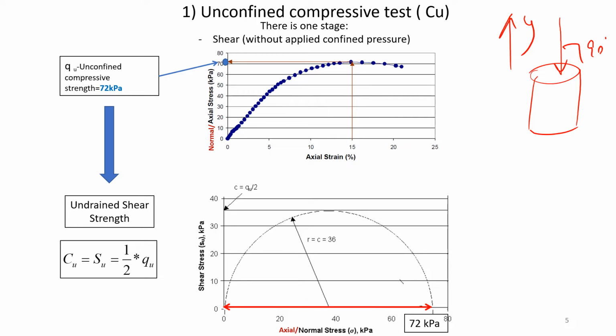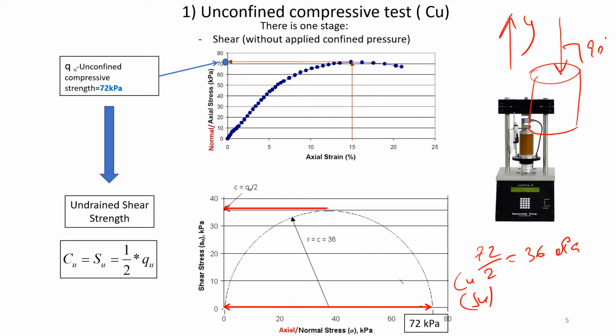You take your 72 kilopascal, put it on a horizontal line, and make a circle with diameter equal to 72, so the radius is 72 divided by 2, which is 36. And that's it, guys. 36 kilopascal is your CU or SU, doesn't matter how you call it. Okay, straightforward. And you're using the same equipment.